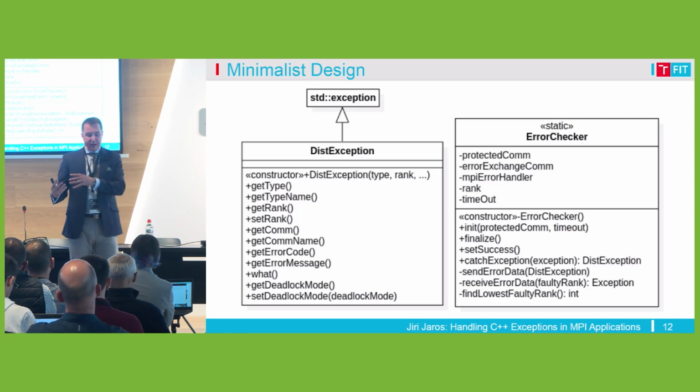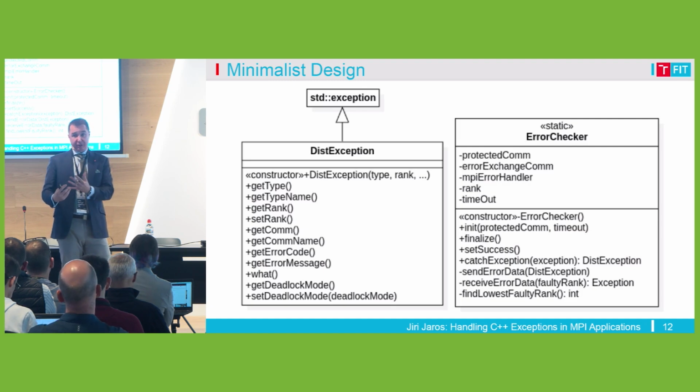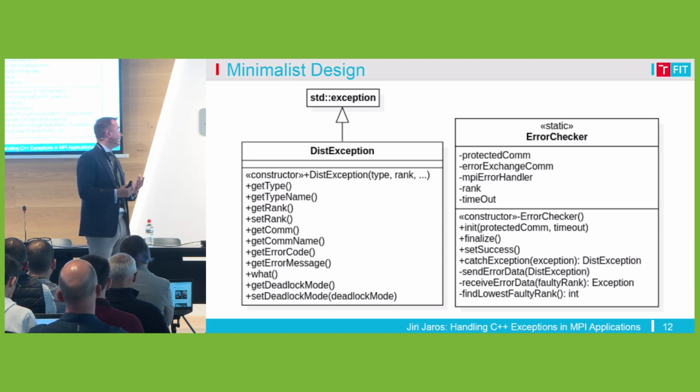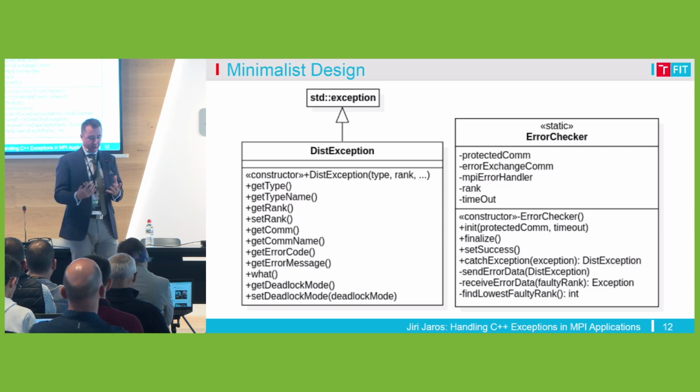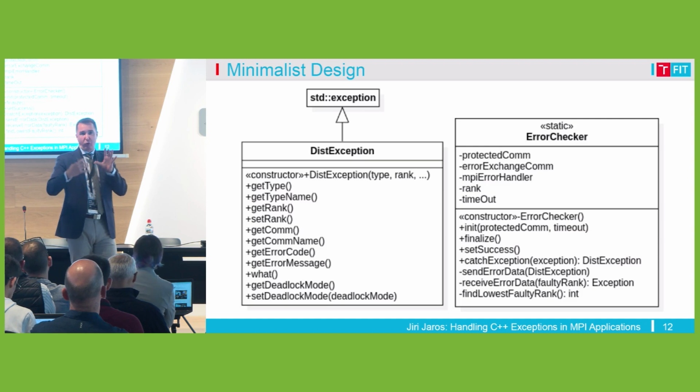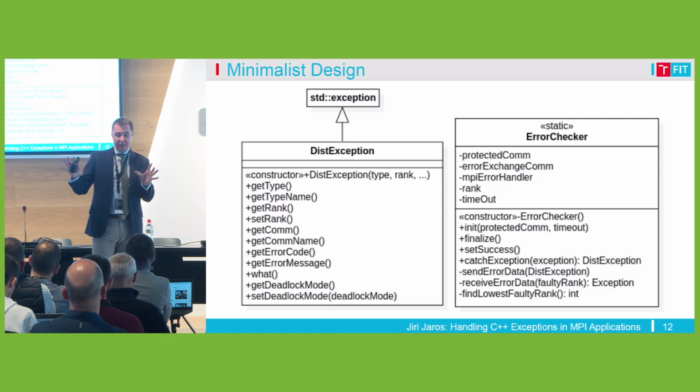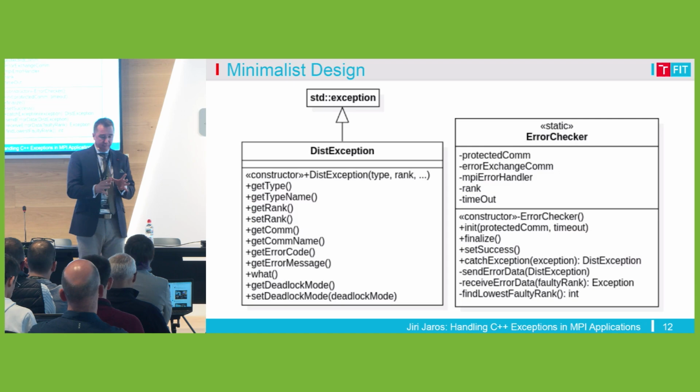The second class is the error checker. There are 2 possible implementations. The first one is a single static class in your whole code, which means you protect the whole code by a single error checker. Or you can create multiple instances that protect different communicators. In a nutshell, it works by creating a side channel.